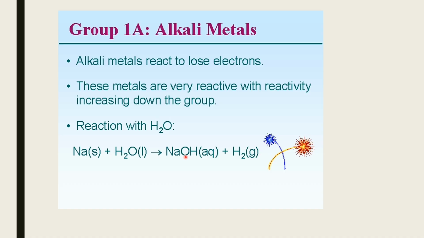That OH is your hydroxide polyatomic ion that you guys are memorizing, combined with the metal. So this would be sodium hydroxide, and then hydrogen gas. And that is true when you look at group 1 and you've got your metal reacting with water. You're going to produce that metal hydroxide and then hydrogen gas.